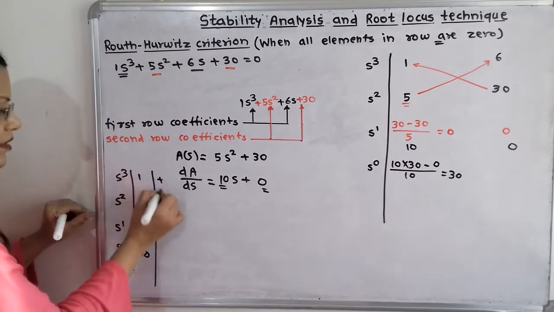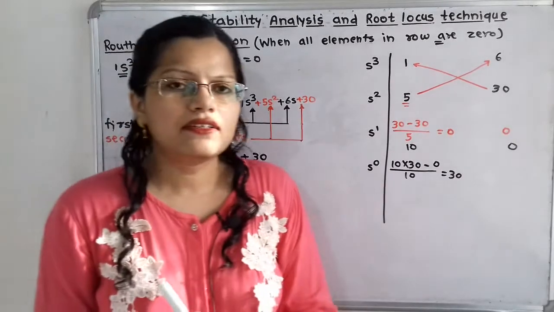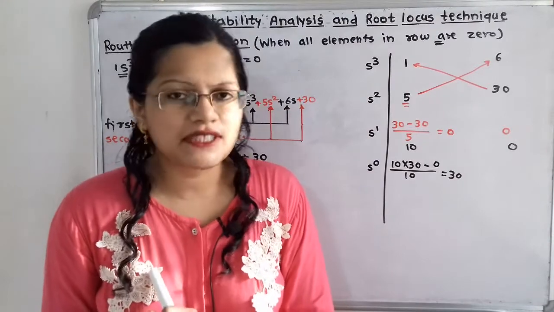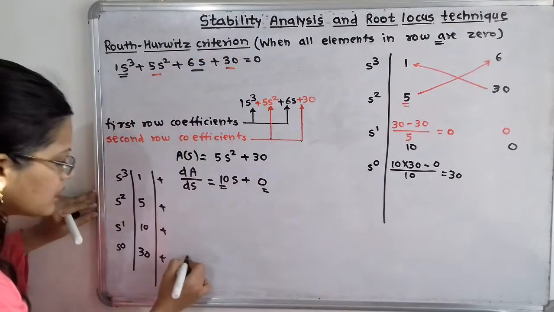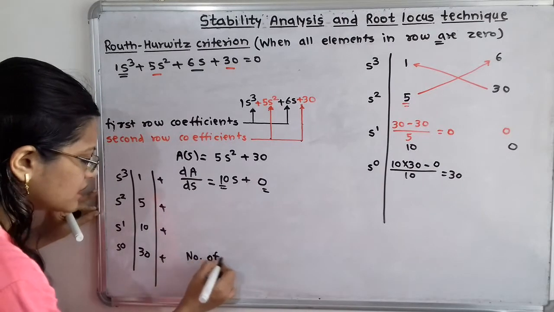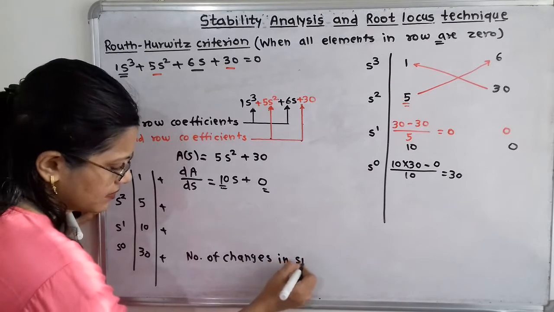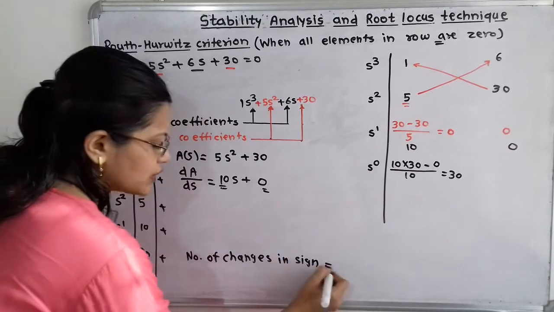The signs are plus, plus, plus, plus. So how many changes in sign are there? The number of changes in sign is equal to 0. There is no change in sign, all the signs are plus.